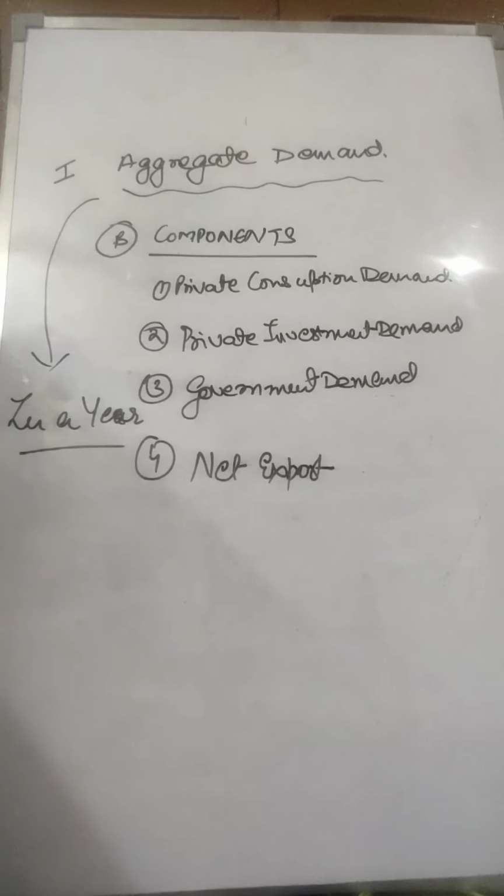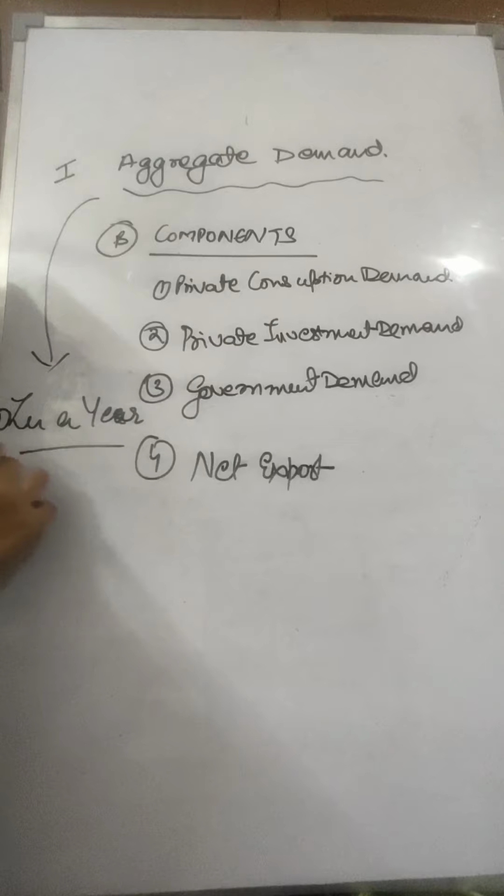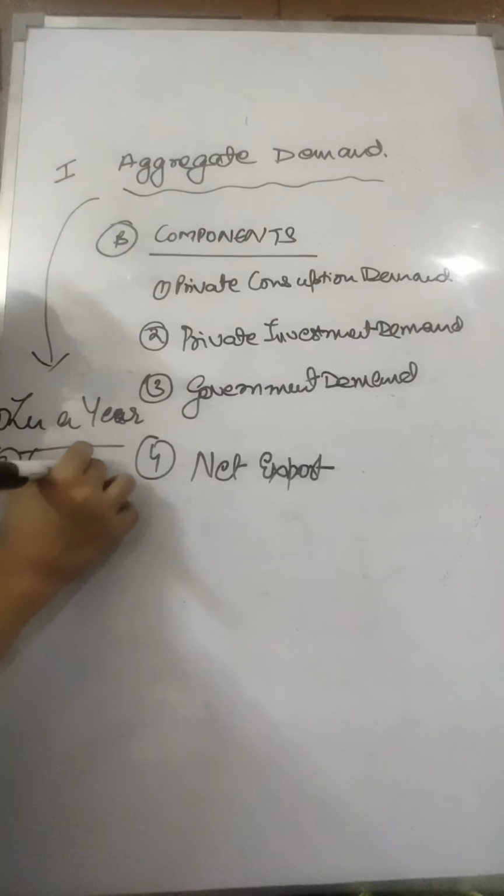Aggregate demand, as we have done in microeconomics with the demand definition, where we included a single person who is demanding, but here we will be talking of a whole country. So another important point will be country.